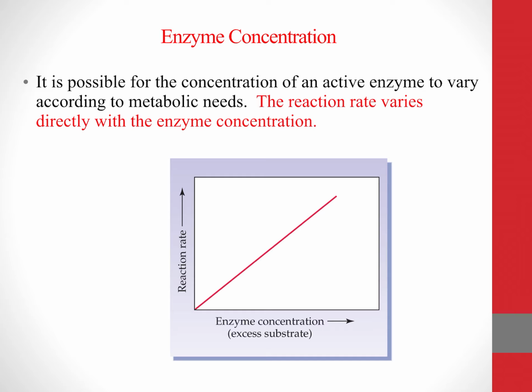So you can see on the graph, the y-axis is the reaction rate, the enzyme concentration is the x-axis, and as that enzyme concentration goes up, the rate of the reaction goes up as well, as long as there's enough substrate to bind to. So that's why underneath enzyme concentration it says excess substrate. So there has to be enough substrate for the enzyme to bind to and cause the reaction.